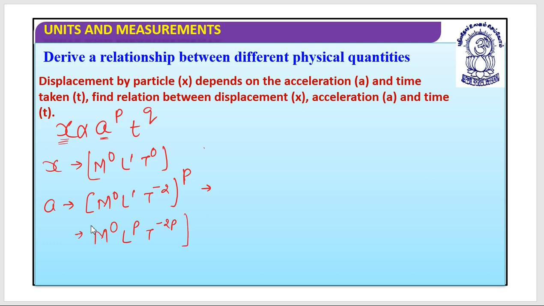And time is M0 L0 T1. Here the power given is q. So this is M0 L0 T to the power q. This is the time. Now I need to just multiply these two.